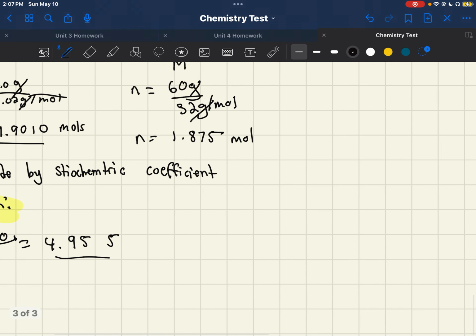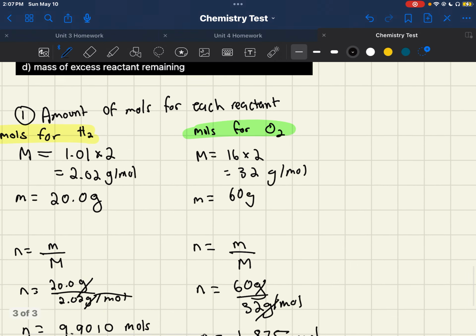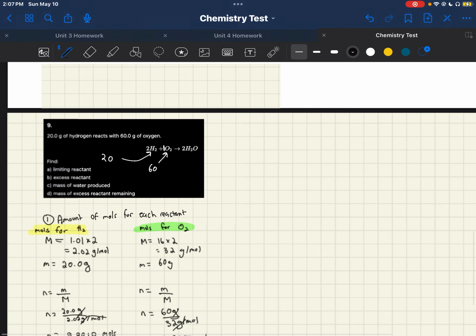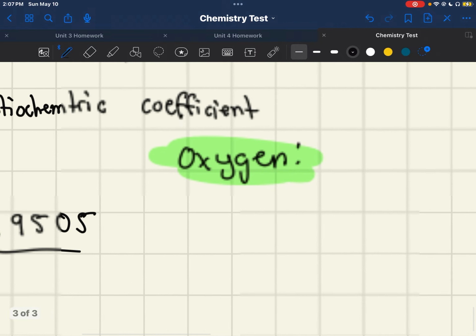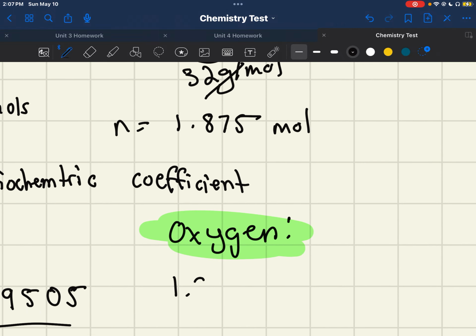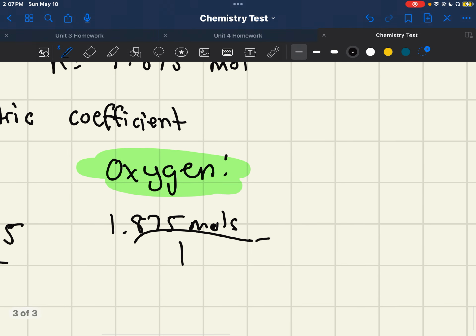Okay. Now we're going to do the same thing for oxygen. However, for oxygen, our work is already cut out for us because the stoichiometric coefficient is just 1 over here, right? So for oxygen, it's just going to be 1.875 moles over 1, which gives us the same thing, 1.875 moles.